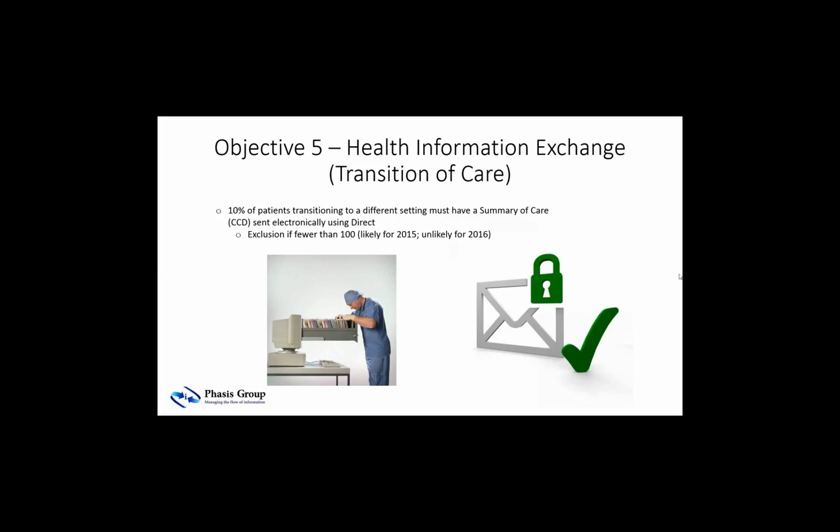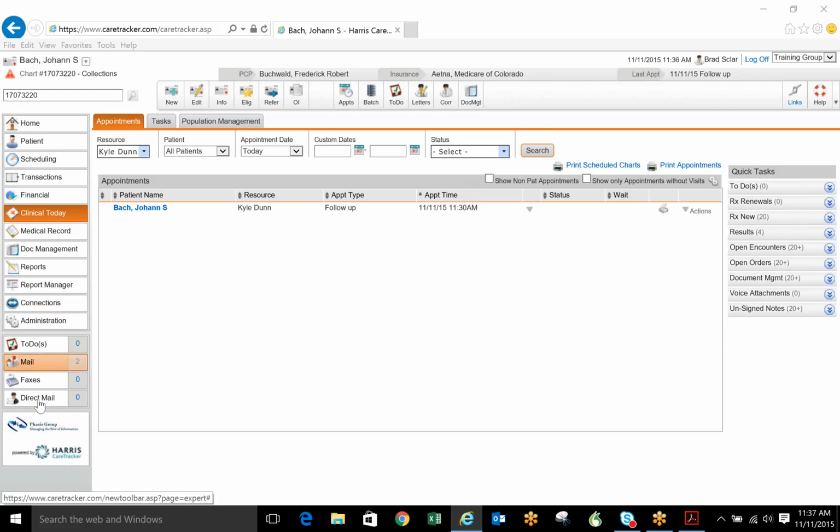It's kind of hard to show, but Brad, can you show where you would go? It's going to look just like sending a to-do, basically. So I'll make you the presenter again. So here's where the direct, does everybody see this here? You see my screen? Here's where the direct functionality is going to be, so you could actually read your direct mail here.